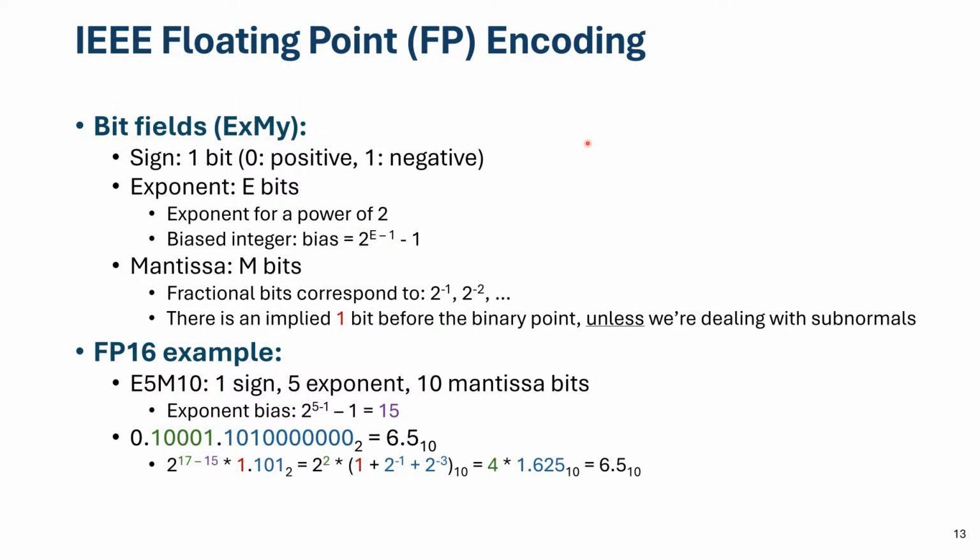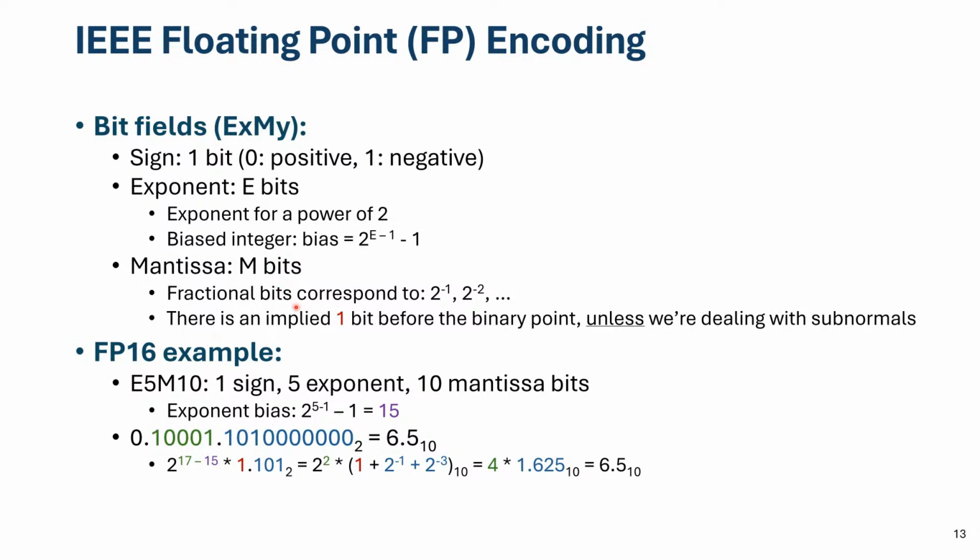Let's say if we look at FP16, which is an example I have here below, 5 bits for exponent. 5 bits can take on values between 0 and 31 if you just look at them as an unsigned integer. Then you subtract the bias from that encoding, and that's how you actually get the real exponent. Maybe I'll come back to that when we look at the example. Anyhow, you have some exponent bits, and they largely define the magnitude of your number and largely affect the dynamic range. Then you have mantissa and M bits.